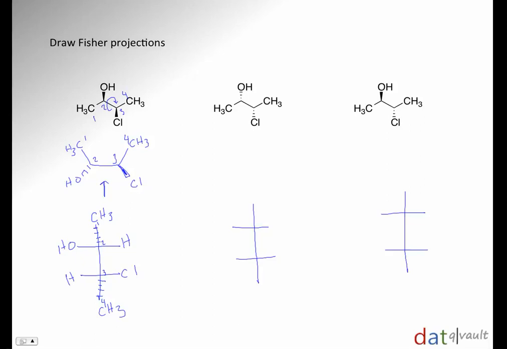An easy way to go from one stereoisomer to the other stereoisomer is, instead of drawing the whole molecule like this again, we can just flip the position of these substituents around. So notice we're going from an OH being forward to the OH being back, chlorine being forward to chlorine being back. When you translate that to a Fisher projection, you just simply switch the substituent to the opposite side of the Fisher projection.